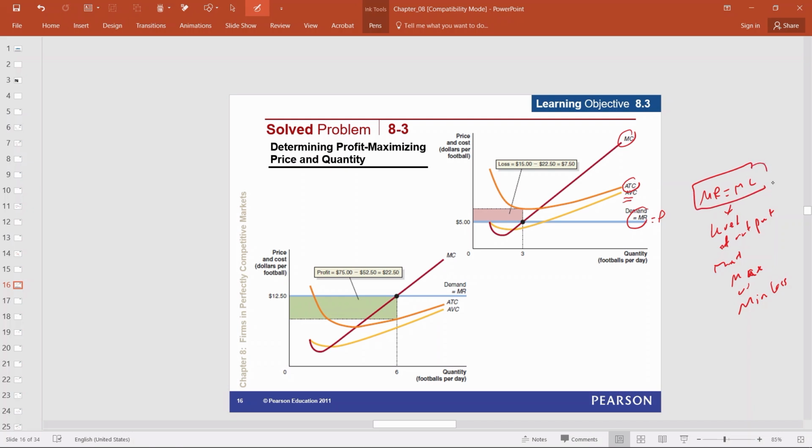So where is the level in these curves where marginal revenue equals marginal cost? It is this one here.